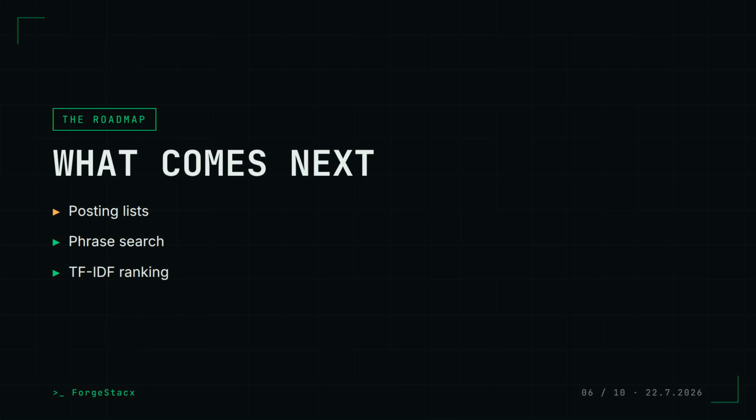Ranking algorithms like TF-IDF and BM25 will order results by relevance, instead of just returning every document that contains your keywords. Fuzzy search will handle typos and partial matches gracefully. And eventually, a web interface to make all of this accessible through a browser. That is a lot of ground to cover in a side project.